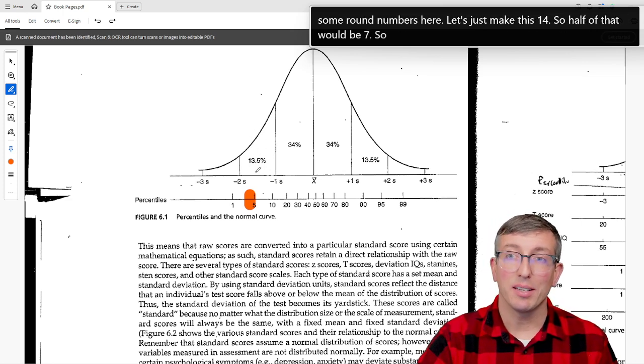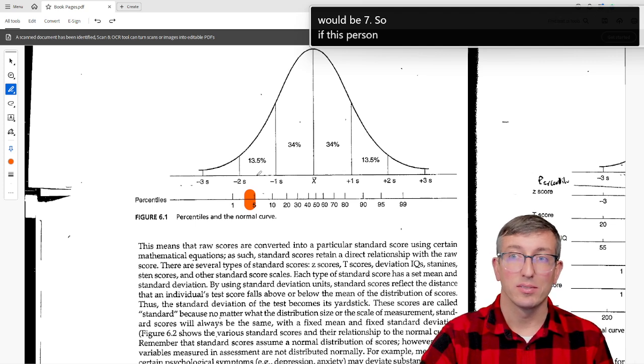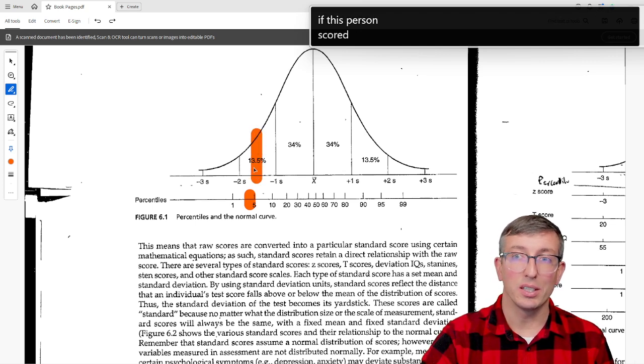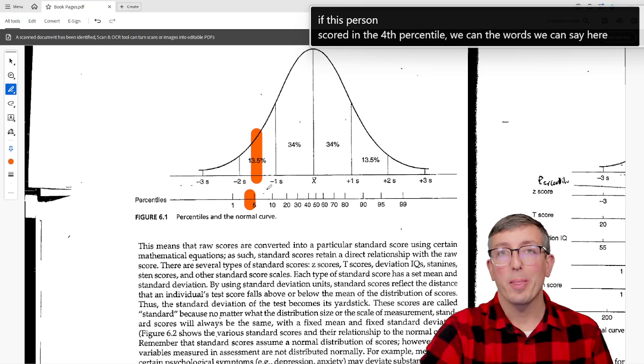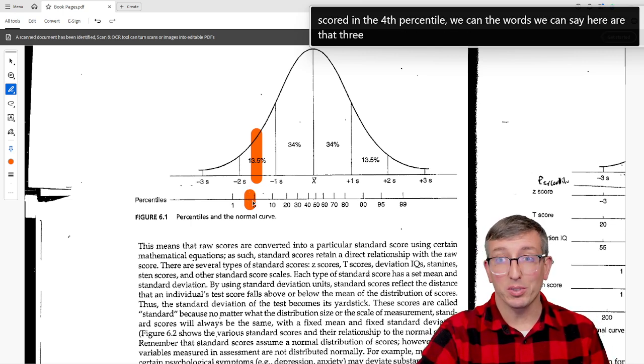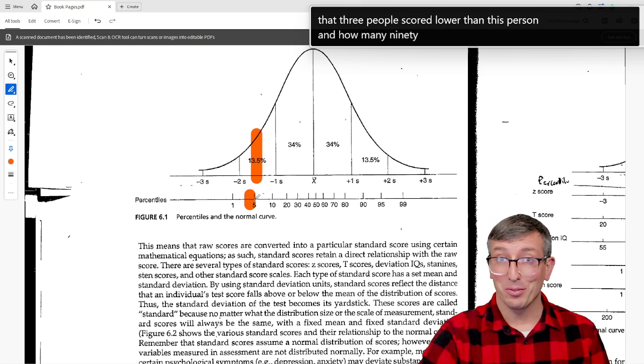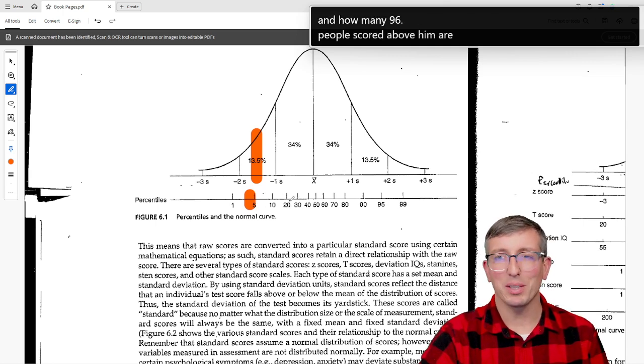So if this person scored in the 4th percentile, the words we can say here are that 3 people scored lower than this person, and how many? 96 people scored above him, or roughly something like that.